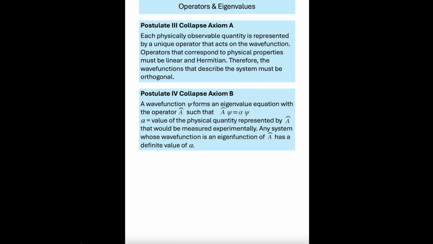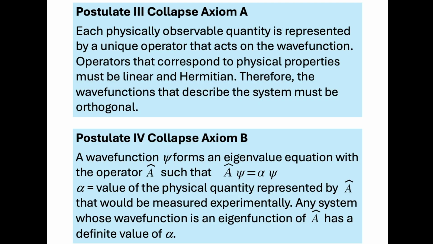Second, postulate 4 states that a wave function psi forms an eigenvalue equation with the operator A hat, such that A hat operating on psi equals a constant alpha times that wave function psi. Alpha is the value of the physical quantity represented by operator A hat that would be measured experimentally.